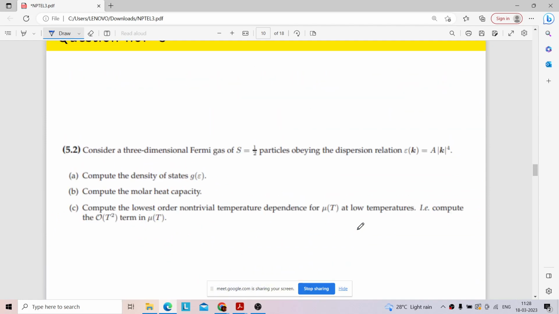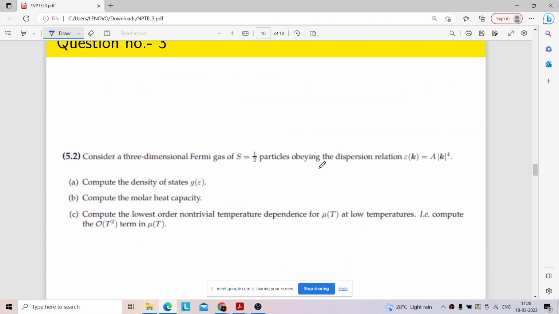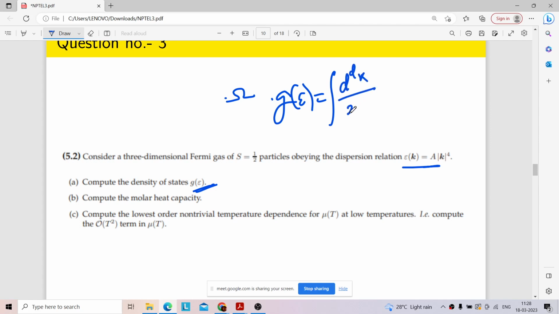Then we will take the distribution for the corresponding particle, and we'll calculate the density function using that general formula and dispersion relation: g of epsilon equals integration over d to power dk over 2 pi to power d, and there will be a Dirac delta function which will ensure conservation of the dispersion relation, epsilon minus h cross nu k. I am writing this for this question.